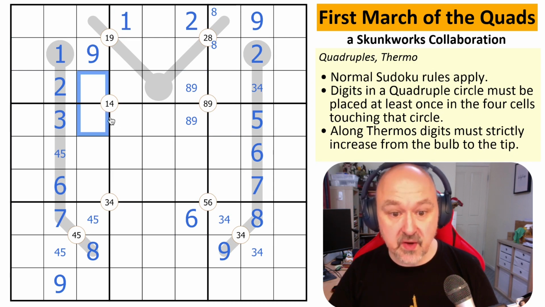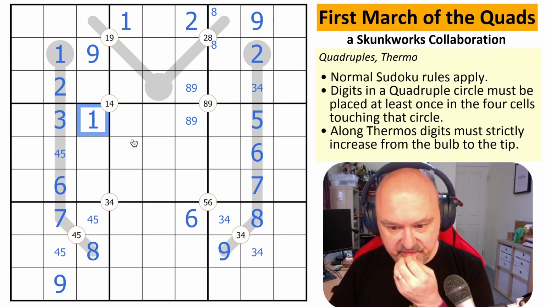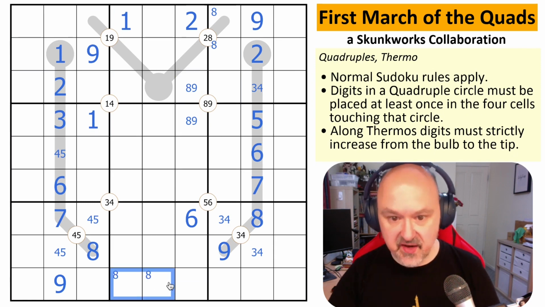One is down, no, one is placed. One can't go here because of that, one can't go here. This is 1. This is very cool. These 8s are looking down, taking 8s out of there, so 8 goes into those.